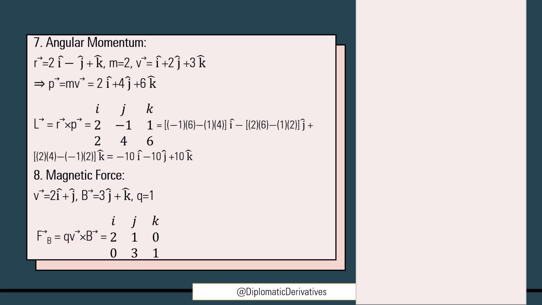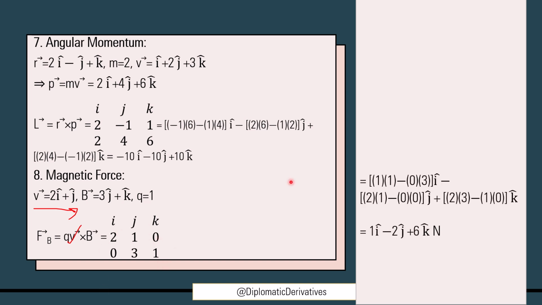Make sure you write that step first here so that the examiner is made clear what you're talking about. You don't directly jump to the next step. First make that step clear and then move to the next step. So make the determinant, use the formula, and there you go. So you have the magnetic force as 1i minus 2j plus 6k.